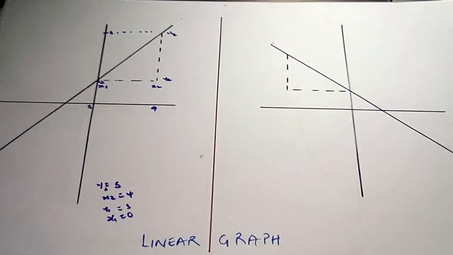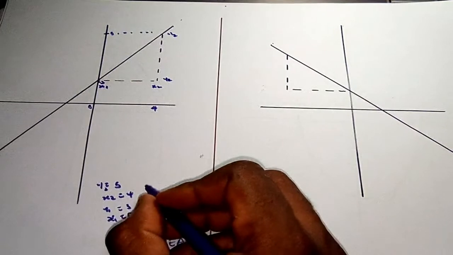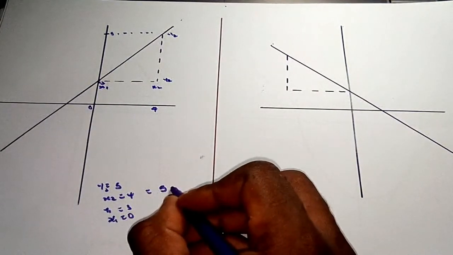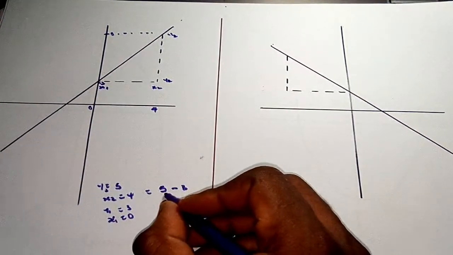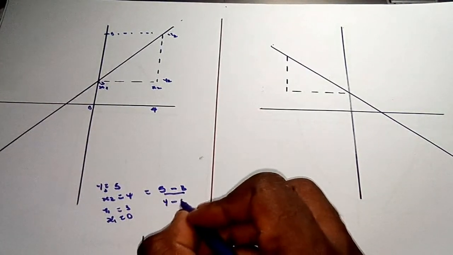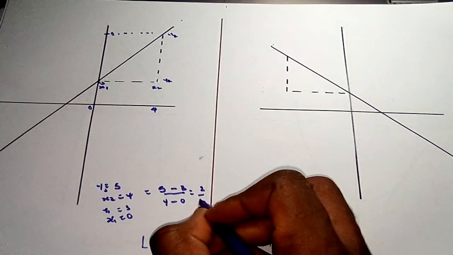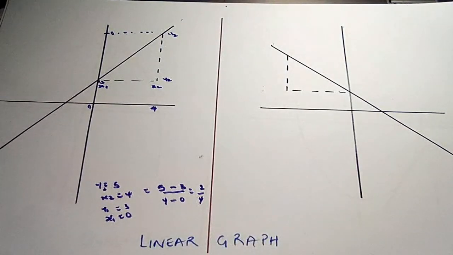So y2 minus y1 equals 5 minus 3, all over x2 minus x1, 4 minus 0, and we're getting 2 over 4. Then we get our answer as 1 over 2.